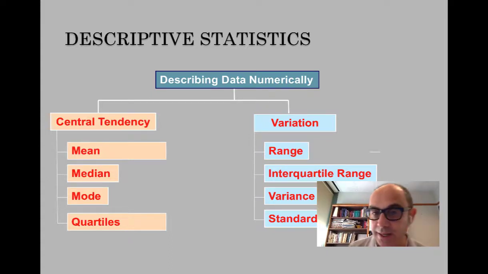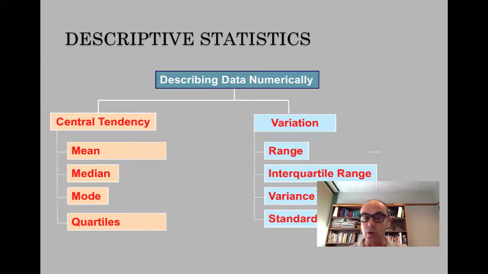So there are two things that we have to remember when describing the data in descriptive statistics. One is the central tendency, and the second one is the variation, which is where everything lines up for us.